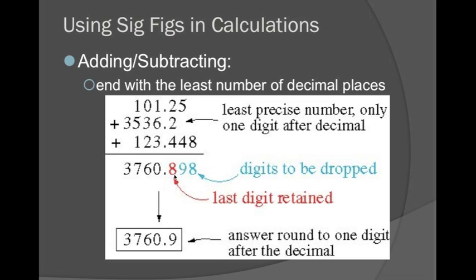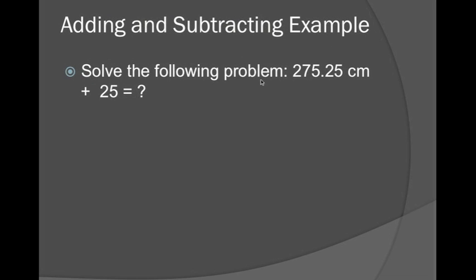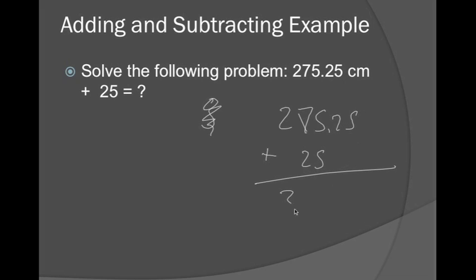to a 9. Another example of this we see from our study guide: we have 275.25 plus 25, and these are both centimeters. We're adding that up, and we get 300.25.